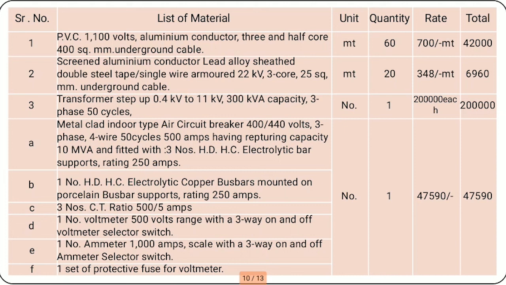Then a transformer is required, 0.4 kV to 11 kV. Their price is 200000. Then next is a metal clad indoor type air circuit breaker, 400 by 440 volt, 3 phase, 4 wire, 50 hertz, 500 ampere, having a rupturing capacity of 10 MVA, with its accessories, that means bus bar support.